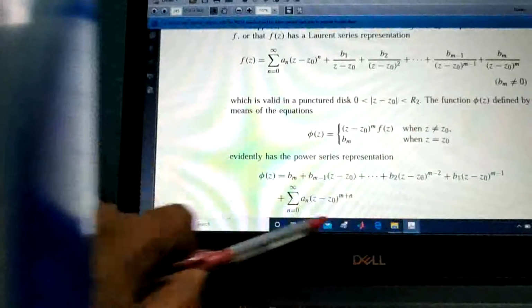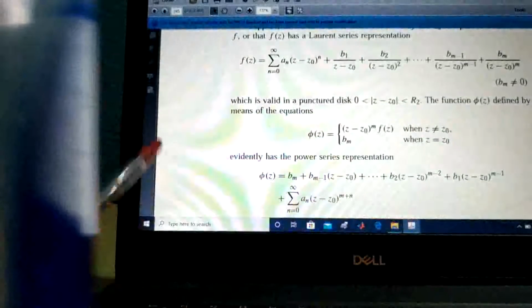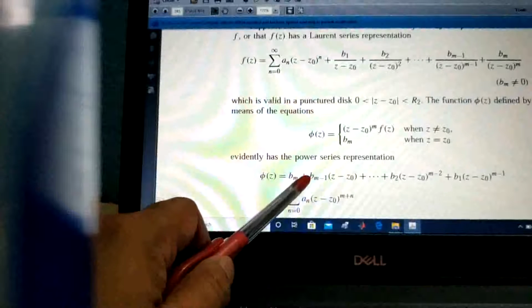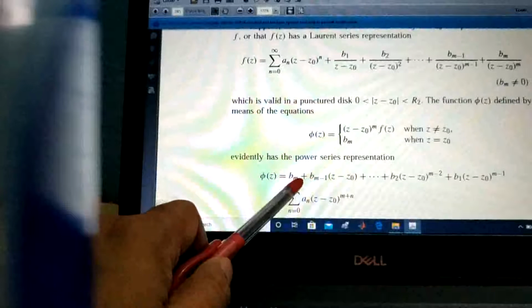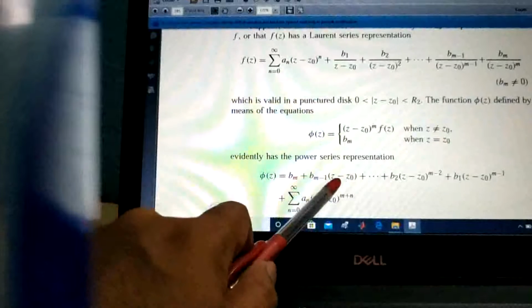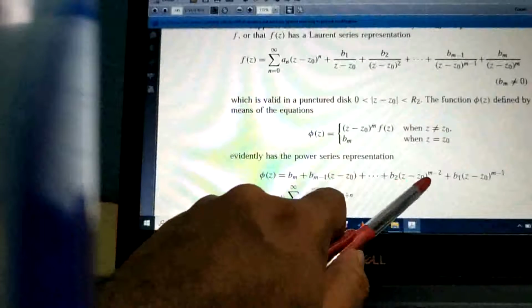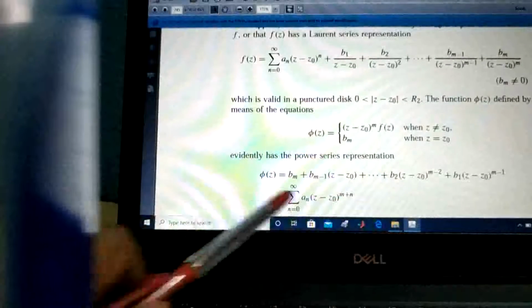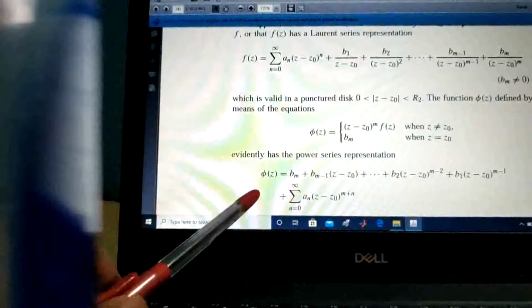So it is simply a power series in z minus z naught. Here z minus z naught whole to the power 0, whole to the power 1, and so on up to infinity.